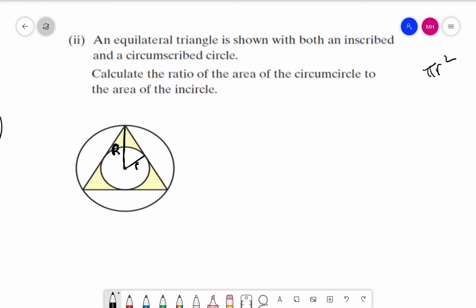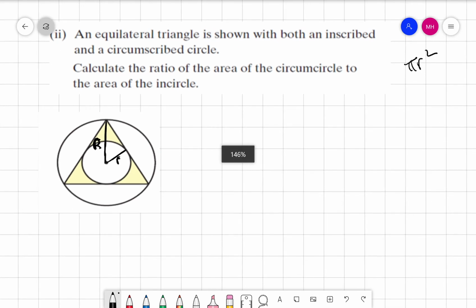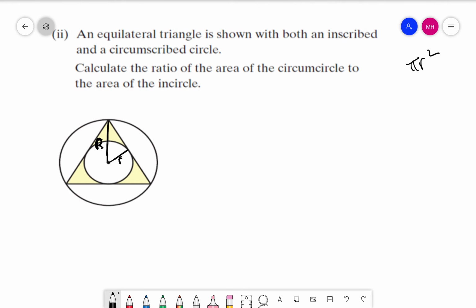If you know the way these circles are constructed from your constructions, you'd know that the perpendicular bisector, sorry, these lines here are tangents to the circle.